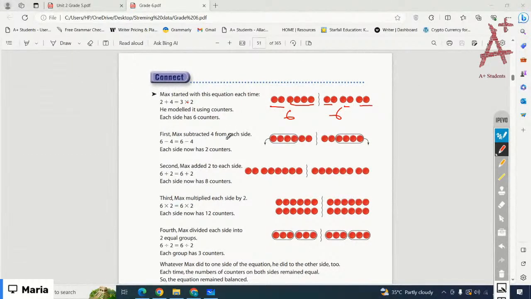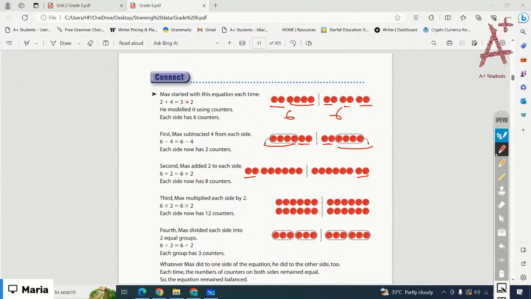First, Max subtracted 4 from each side. So these 4 he subtracted from this, and these 4 he subtracted from this, right? Each side has now 2 counters. Second, Max added 2 to each side. Each side now has 8 counters.